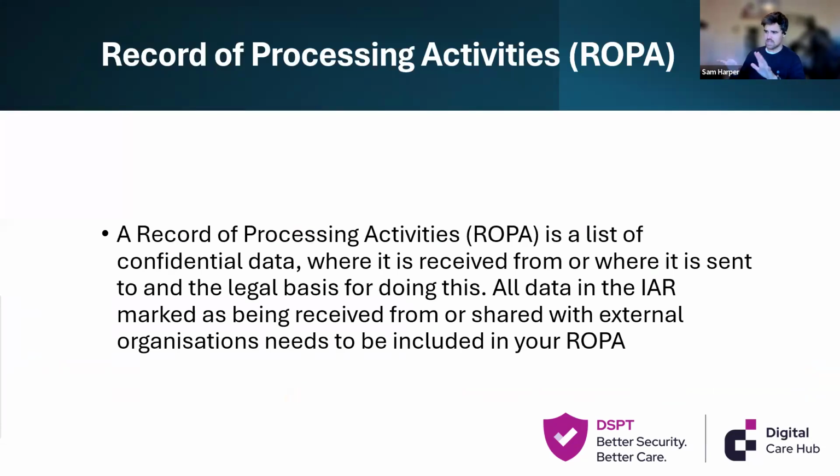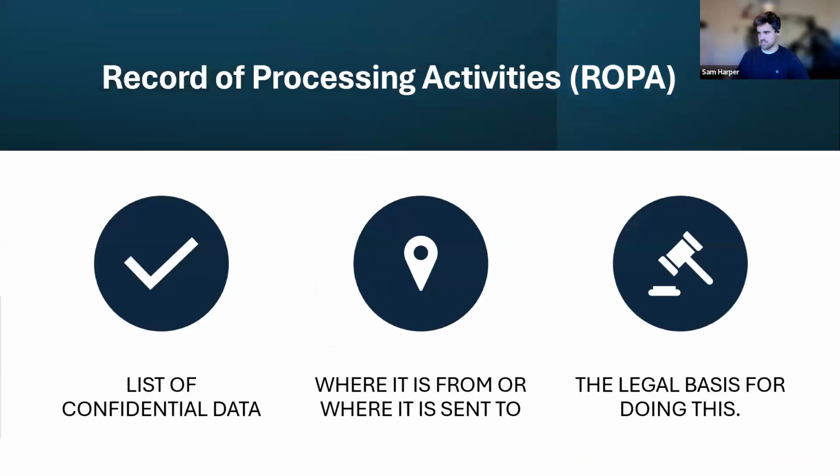Now, what is a record of processing activities? It's a list of confidential data, where it's coming from and where it's being sent to, and your legal basis for doing this. Again, I'll break this down really simply.